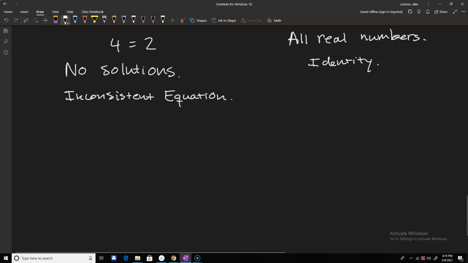Okay, so now let's look at equations, linear equations with fractions. So there's a nice trick here.